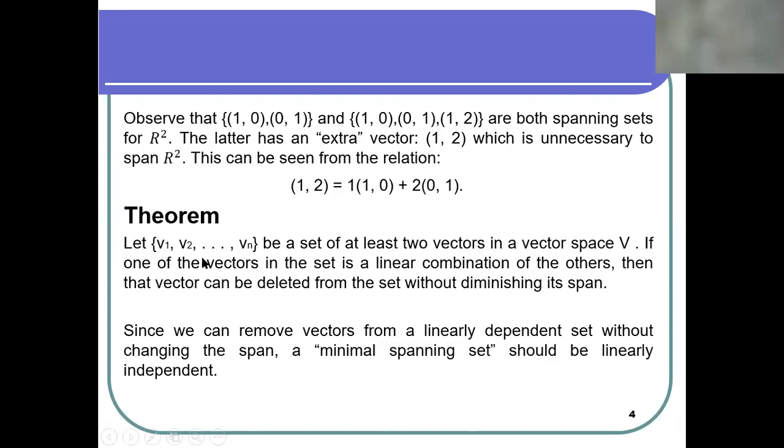Let we have n vectors, a set of at least two vectors in a vector space V. If one of the vectors in the set is a linear combination of the others, then that vector can be deleted from the set without disturbing the spanning. When you remove a vector from a linearly dependent set without changing the span, it means that a minimal spanning set would be linearly independent.